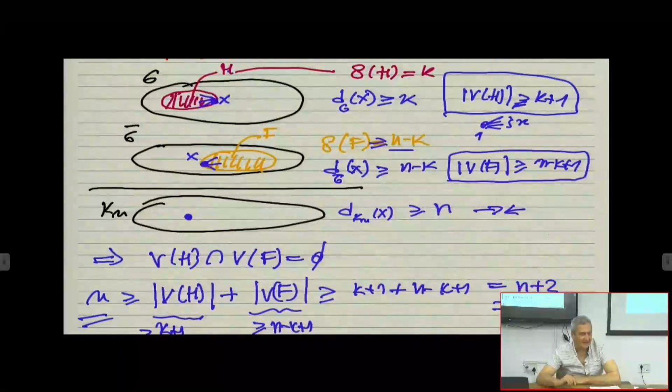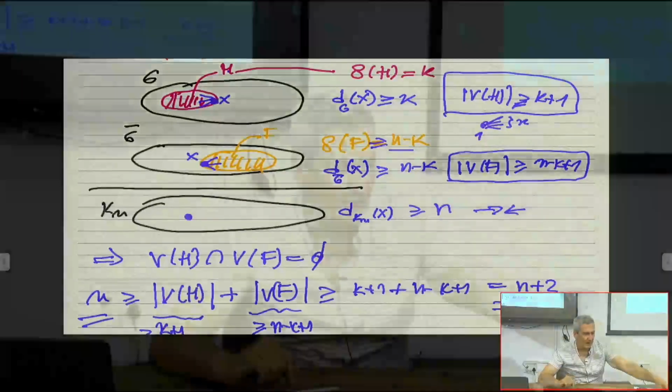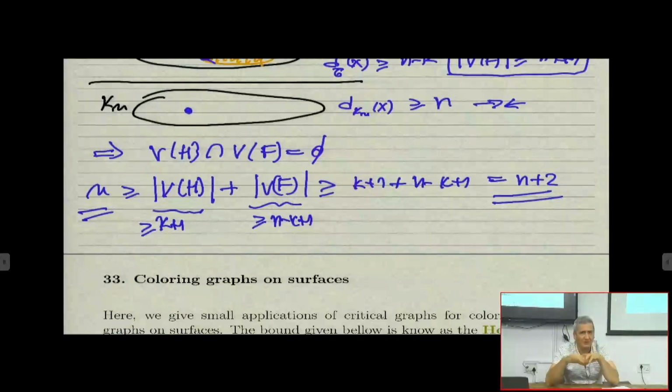There's another thing I want to say. Did we ever study graphs embedded on a surface? Not on the plane or the sphere, but on the torus or projective plane. Do you know such things? Just a brief introduction.